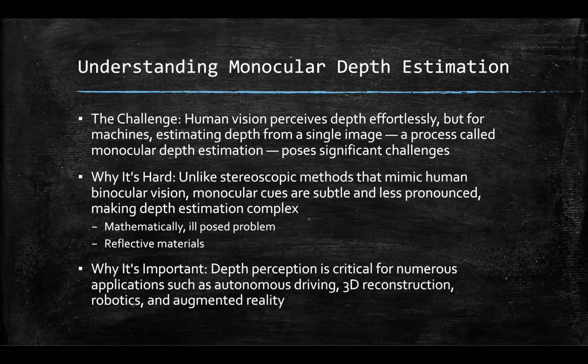Also, you can have all sorts of problems in your images, for example reflective materials or different lighting conditions. But why is monocular depth estimation important? Depth perception is critical for numerous applications such as autonomous driving, 3D reconstruction, robotics, and augmented reality.